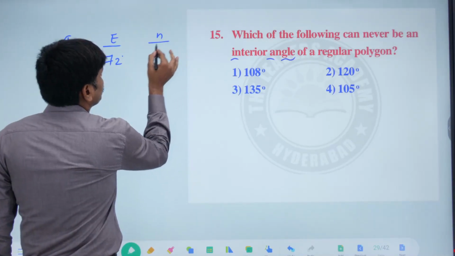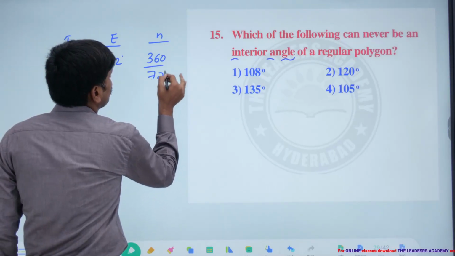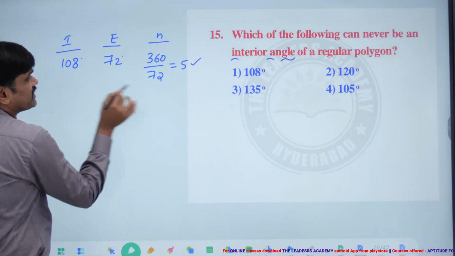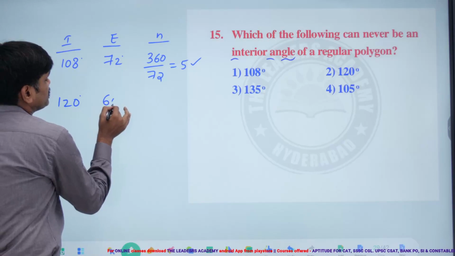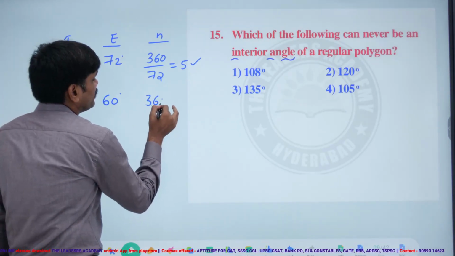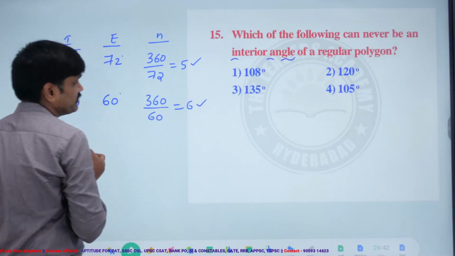Then the number of sides will become how much? 360 by 72. That is equal to how much? 5. This is possible. Next, if I take the interior angle as 120, exterior angle will become 60 because they together should add up to 180. Then the number of sides will become how much? 360 by 60, that is equal to what? 6. There is a possibility.